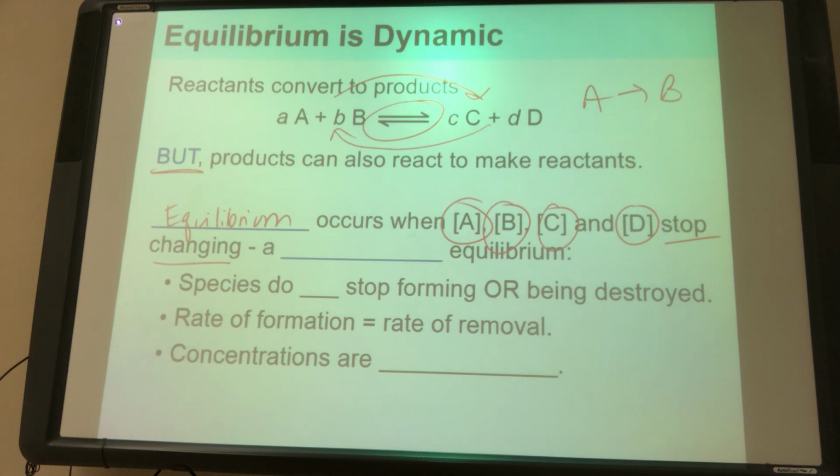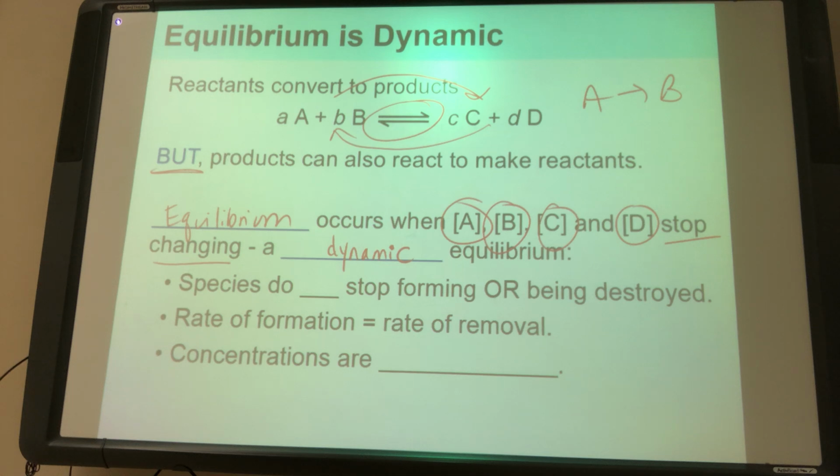Now, this is a dynamic equilibrium. Remember we talked about dynamic before. When I say the concentrations stop changing, it doesn't mean nothing is happening, that I'm not making products or reactants. Remember with vapor pressure in our bottle, some of the liquid comes to a gas, then some of the gas goes back down to a liquid, and it cycles.